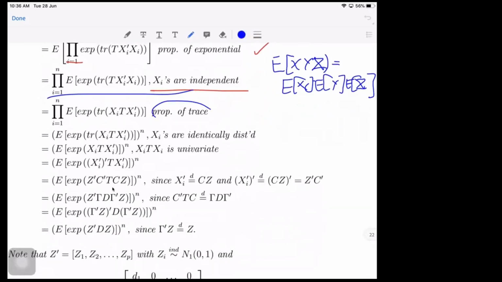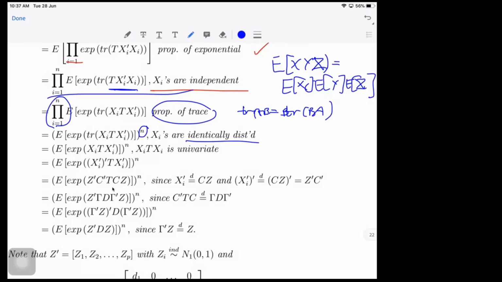And then you apply the property of the trace within. So what happened here? This is just the trace of AB is equal to the trace of BA. And then the product of identically distributed random variables can just be equal to raised to n, no?